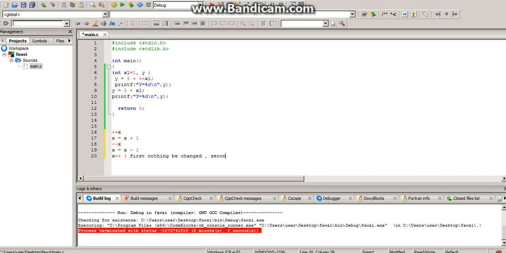For the second, here x is going to be equal to x plus 1. Alright, and the same way if it's minus, but all it does is decrement 1. Alright, so just memorize all of this stuff.